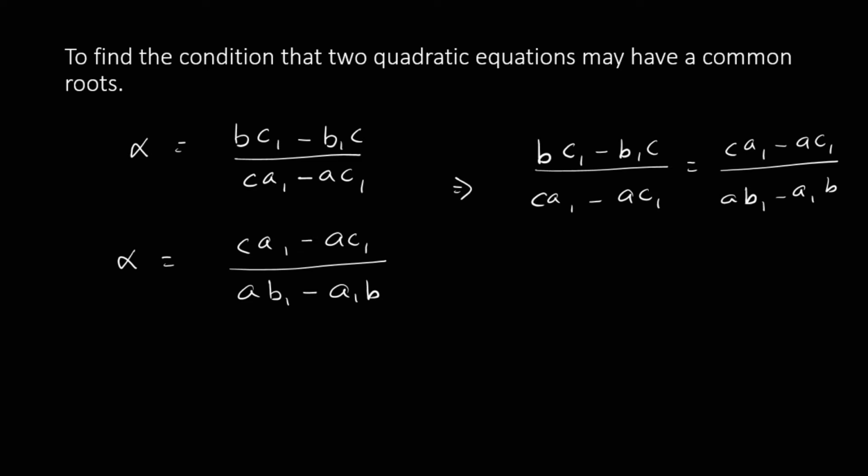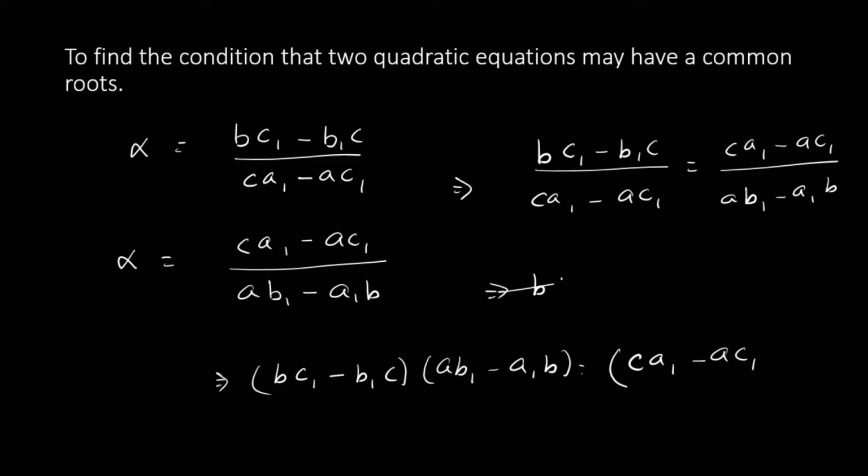On cross multiplication, we can write this is equal to (BC1 minus B1C) into (AB1 minus A1B), and this is equal to (CA1 minus AC1) to the power 2, because these are two factors, two multiplications.